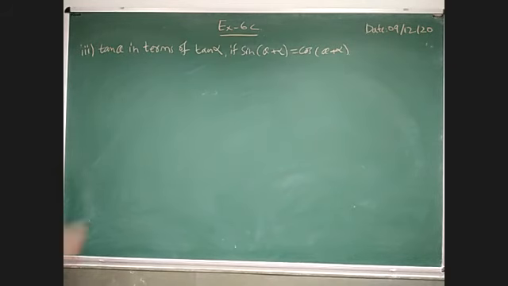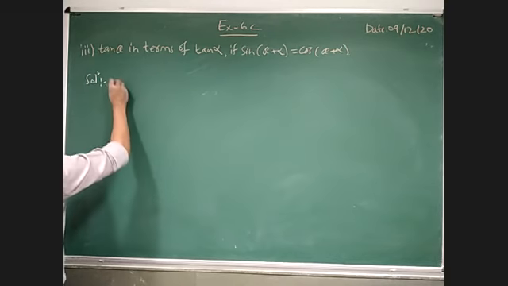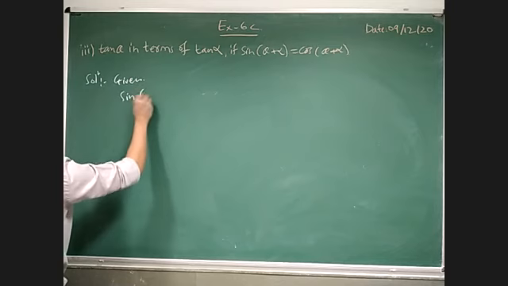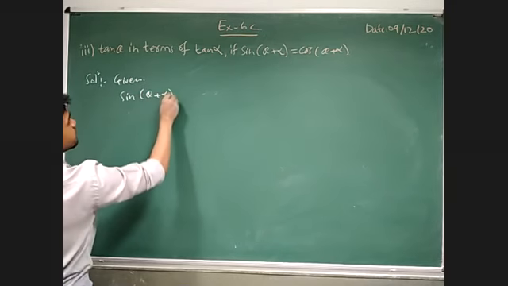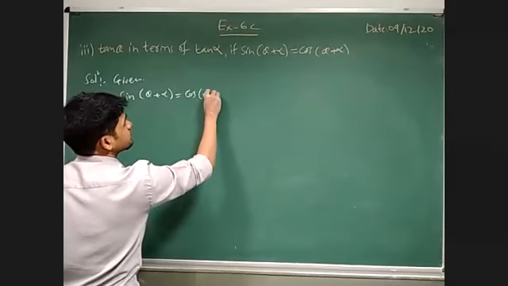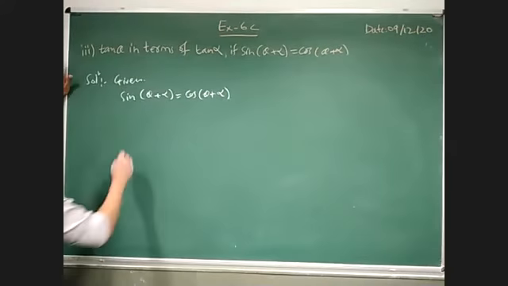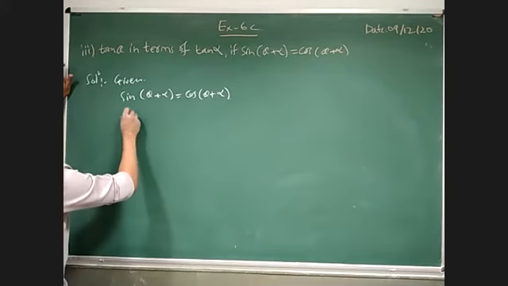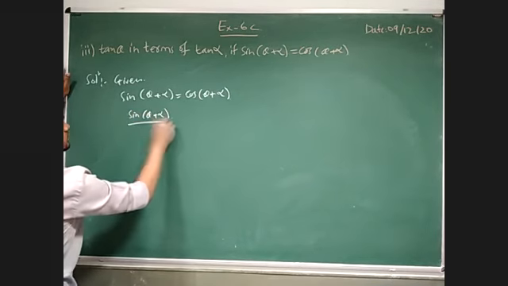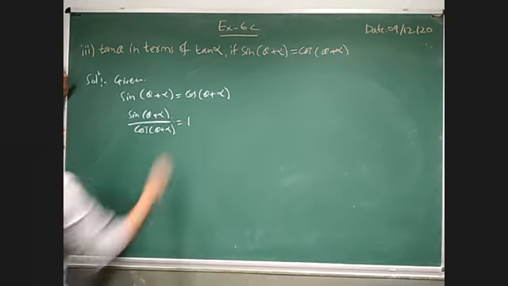Now here the given part is sine theta plus alpha is equal to cos theta plus alpha. Now if cos theta plus alpha goes to the other side, then sin theta plus alpha over cos theta plus alpha is equal to 1.